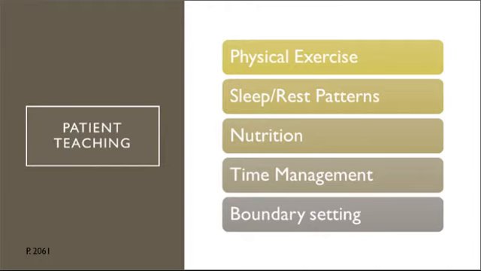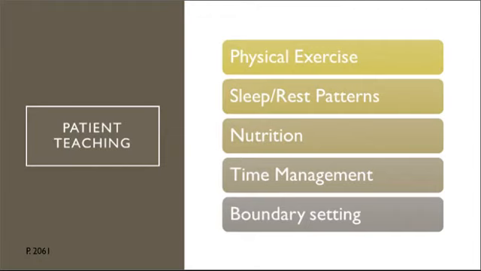Patient teaching in 2061. Exercise: improved cardiac pulmonary function, enhanced muscle tone, weight control. Emotionally: tension release, stress reduction, enhanced sense of well-being, sleep rest patterns, physical healing and restoration, cognitive function, sleep hygiene. Nutrition, having a balanced, healthy diet.